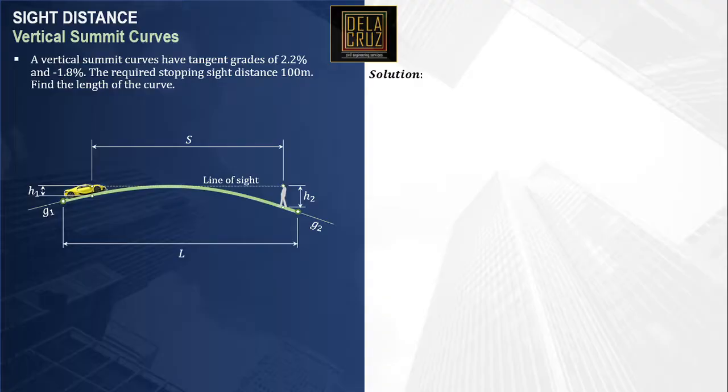Commonly, in reviewer books, you can search for the design standard for H. The design standard for H1 is 3.75 feet.